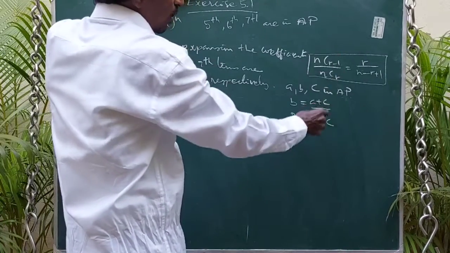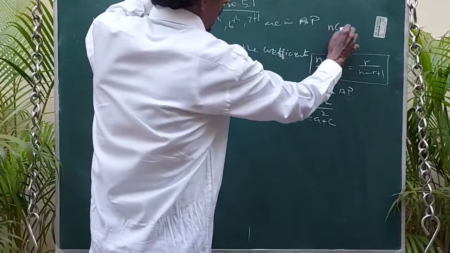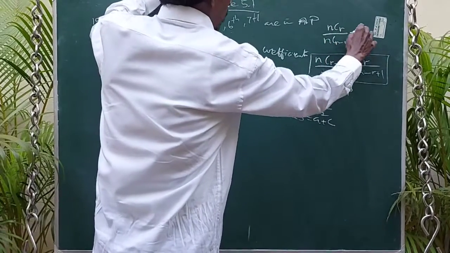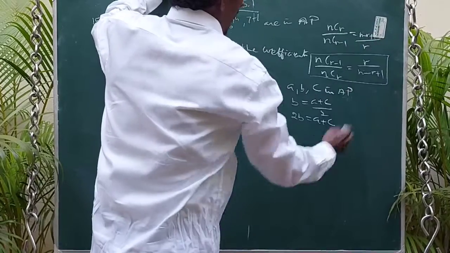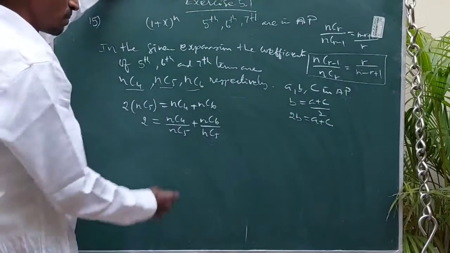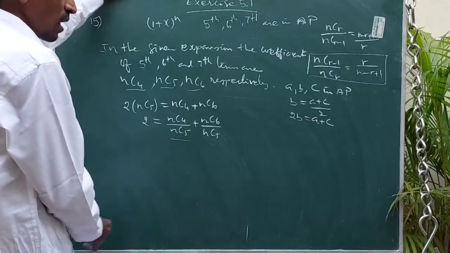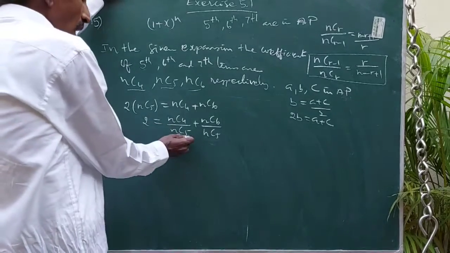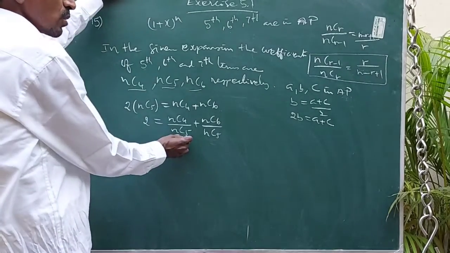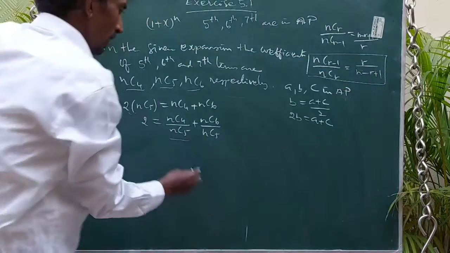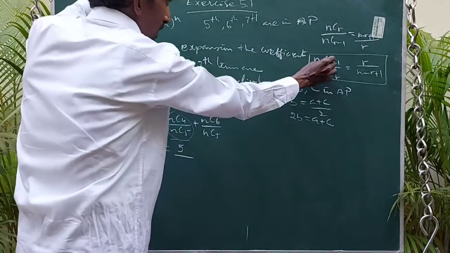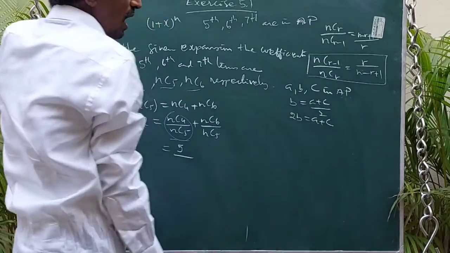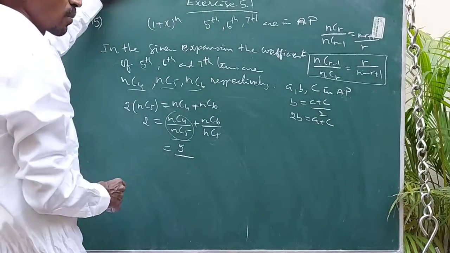Or if we take the reciprocal, NC r by NC r minus 1 equal to n minus r plus 1 by r. We are going to use this result here. Here r is 5, so use this here. It is of this form, NC r minus 1 by NC r, so r by n minus r plus 1.